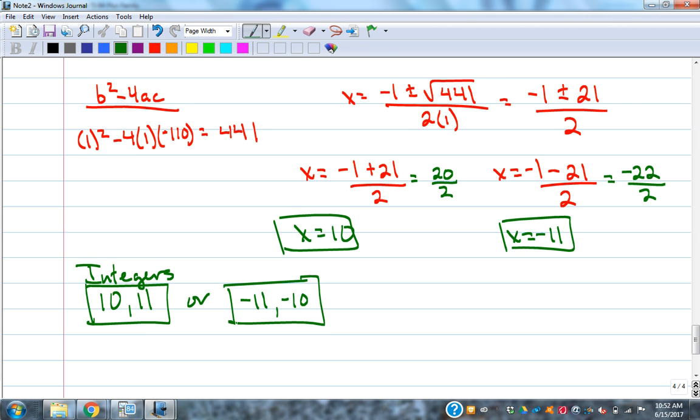If it had said consecutive positive integers, then it's the 10 and 11. If it had said consecutive negative integers, the answers would be -11 and -10. But this one just asks for consecutive integers, so you get both sets there. So we get two pairs of answers: 10 and 11, and -11 and -10. And they both multiply to be 110.